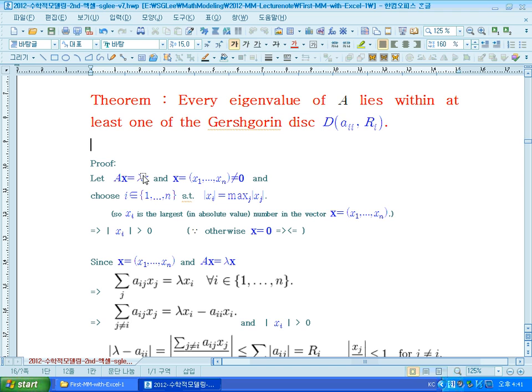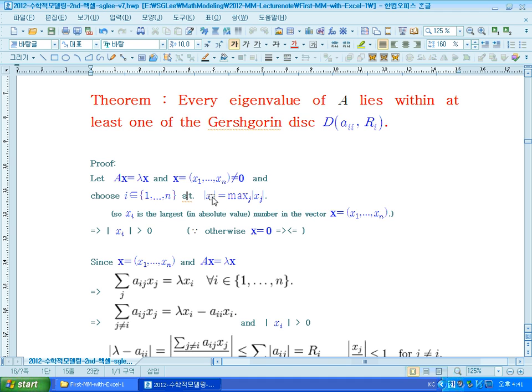Let lambda be an eigenvalue of A and x a corresponding eigenvector. Then we can write Ax equals lambda x, and x is a non-zero vector. We can choose i such that the absolute value of x_i is the maximum among the absolute values of x_j for j equal 1 to n.